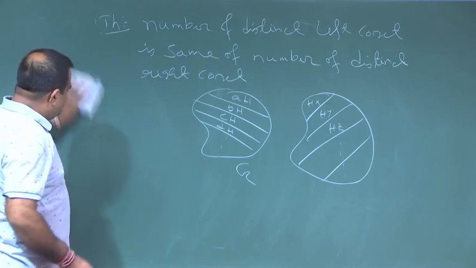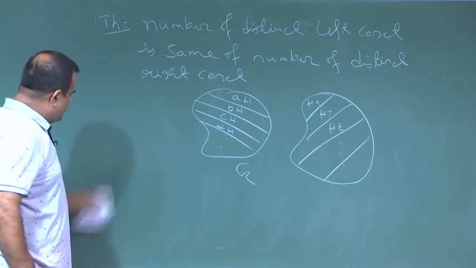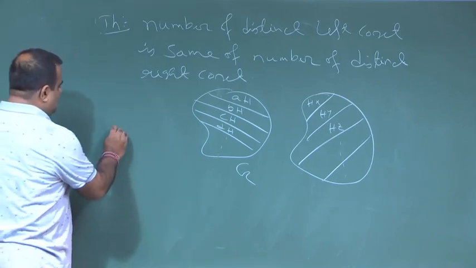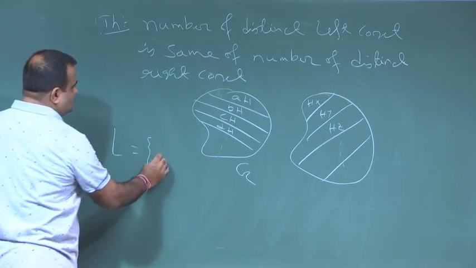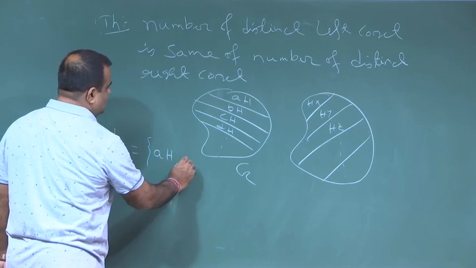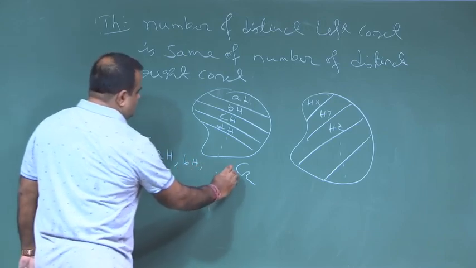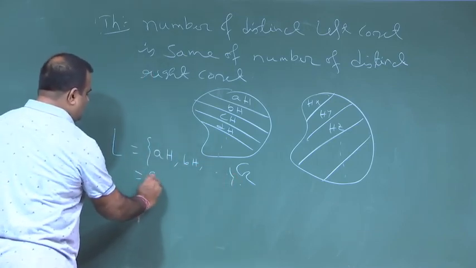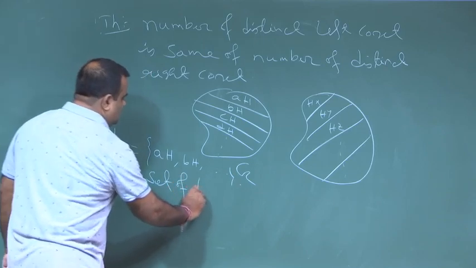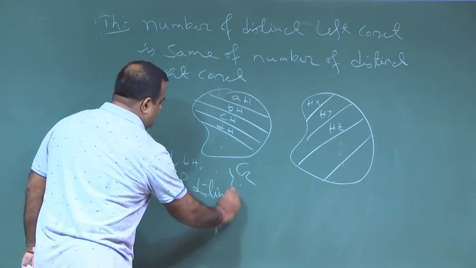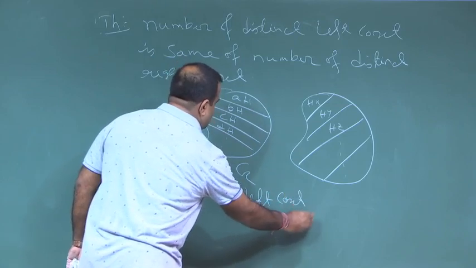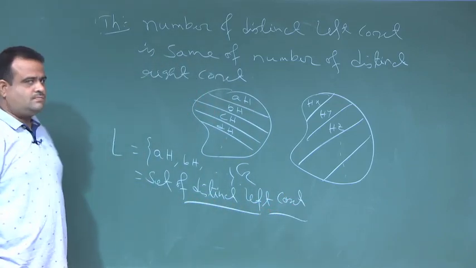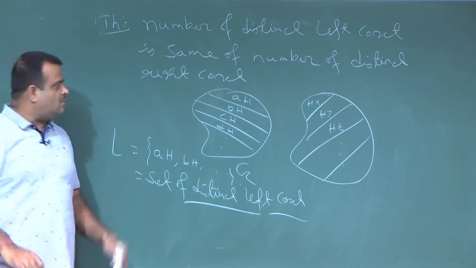So how to prove that? Suppose L is the set of all distinct left cosets.